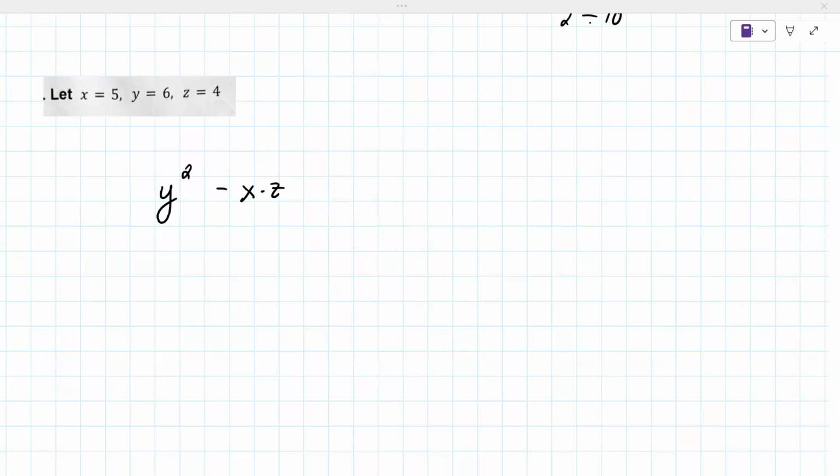It would equal 16. Let's take a look here. So 6 to the power of 2 minus 5 times 4, 36 minus 20 is 16.